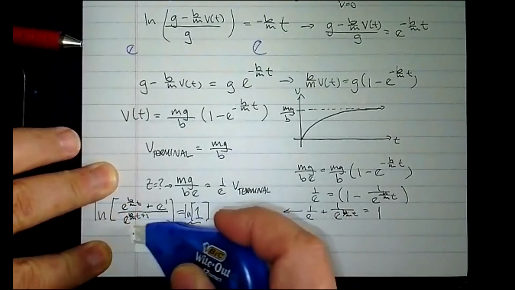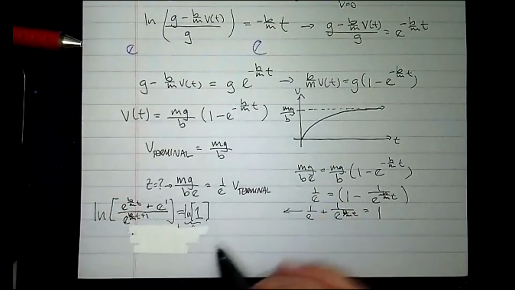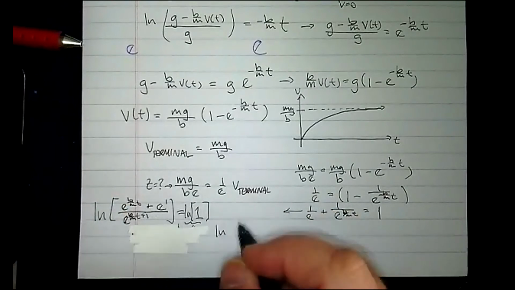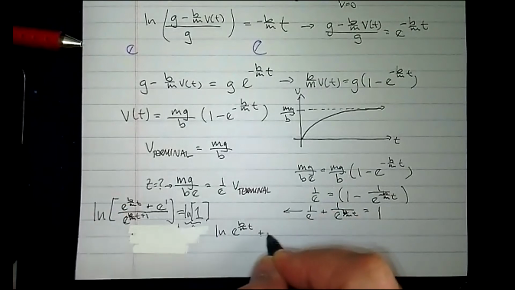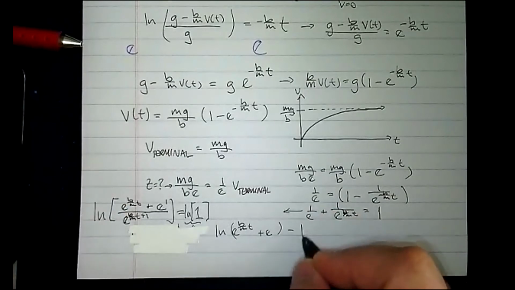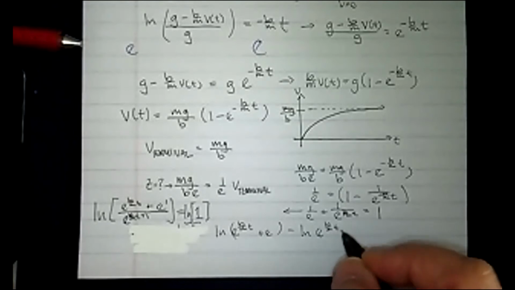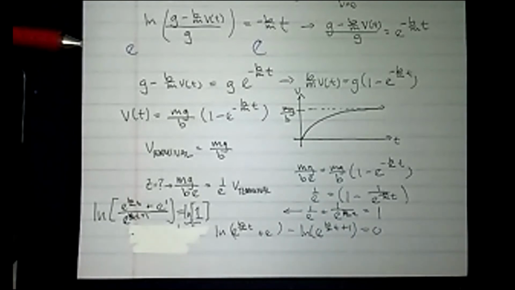But what I'm going to do now is remember that taking the natural log of a division is the same thing as the natural log of e to the b over m t plus e minus the natural log of e to the b over m t plus 1. That's all equal to 0. So what that tells you is these two are really equal.